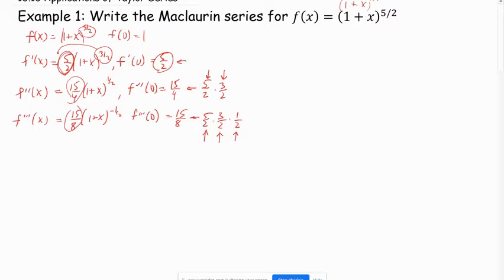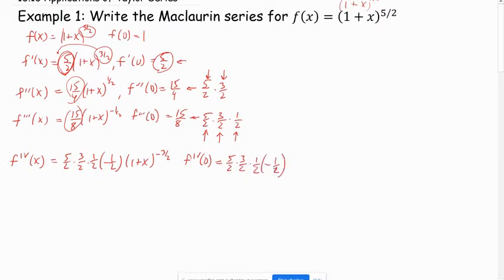If we do one more, the fourth derivative is going to be 5 halves times 3 halves times 1/2 times negative 1/2, times 1 plus x to the negative 3 halves. The fourth derivative at 0 is 5 halves times 3 halves times 1/2 times negative 1/2. Again, we see our original exponent, that exponent minus 1, minus 2, and minus 3.